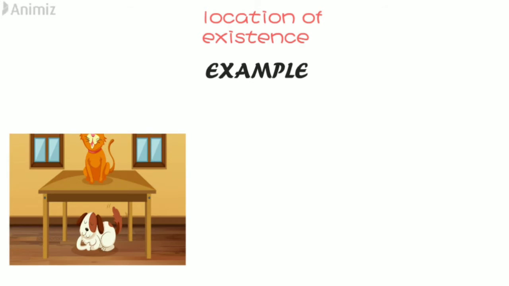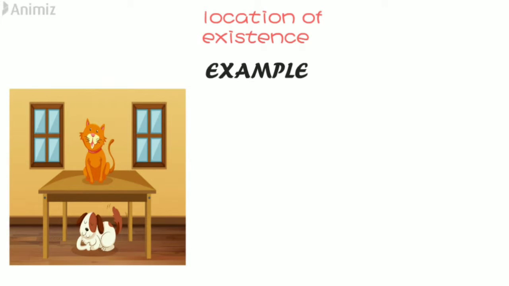To understand this more clearly, let us take an example. Let us look at this picture. In this picture, we can see a cat and a dog, and they are living things. If you want to talk about the location of the cat, we can use the particle ni to show where the cat is located on the table in such a way.